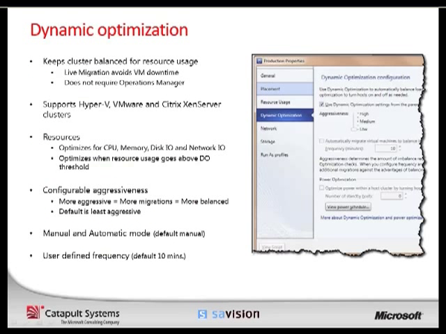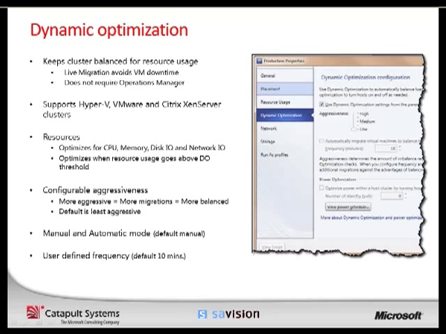Dynamic optimization is used to automatically balance the load within a cluster. It has a manual mode where you get a recommendation, or you can do it automatically. The requirements to do dynamic optimization are that you have to have VMM, a cluster, and CSVs configured. It will keep your cluster balanced for resources.